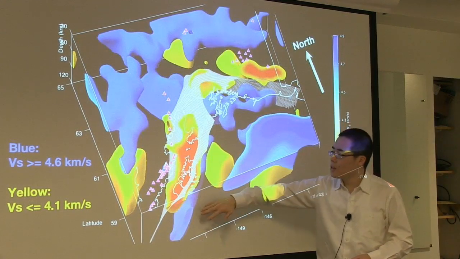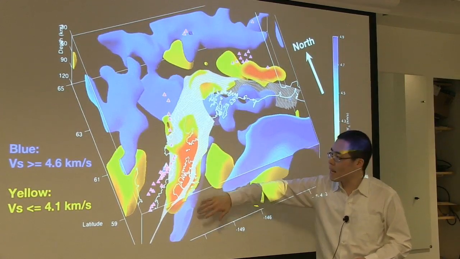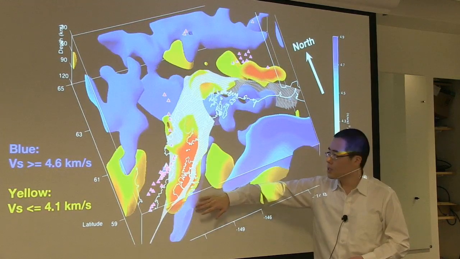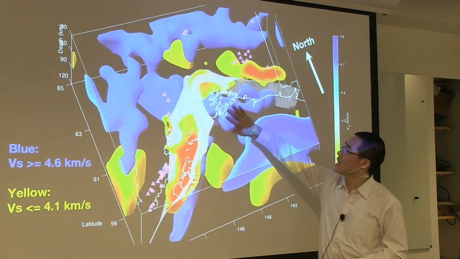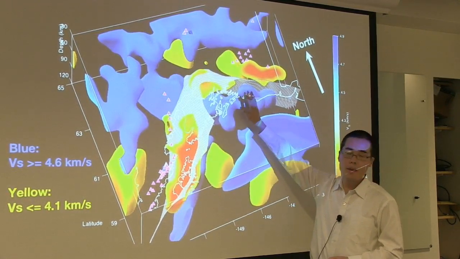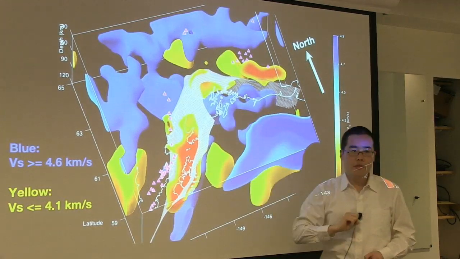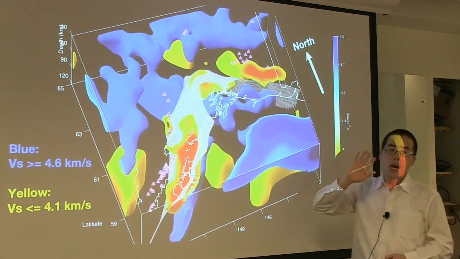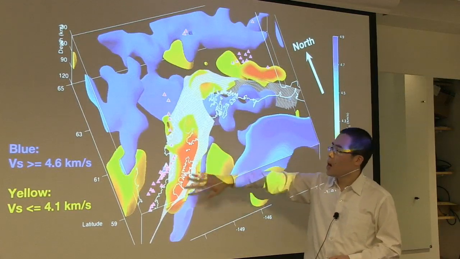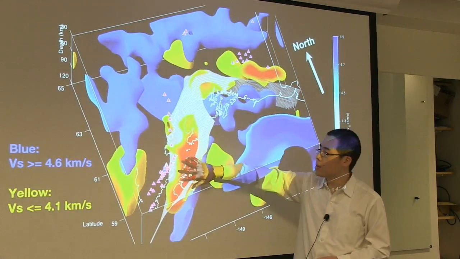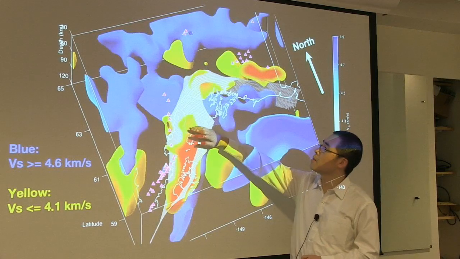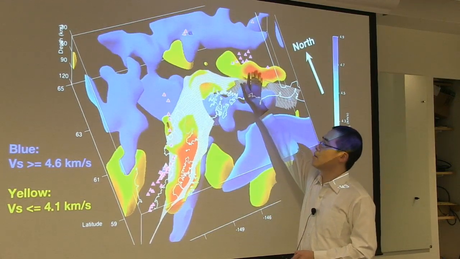I want you to focus on a few things in the next animation here. One is the slab segmentation. This is the Pacific slab, this is the Yakutat slab, this is the Wrangell slab. The other is the velocity change of the forearc mantle. This is the Aleutian mantle forearc, this is the Wrangell mantle forearc.